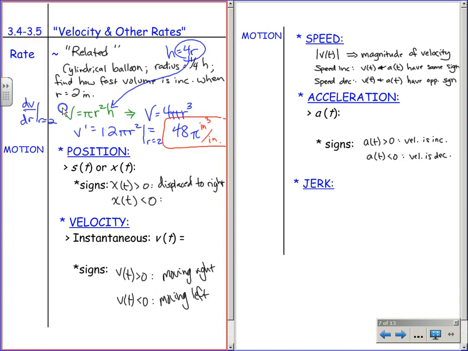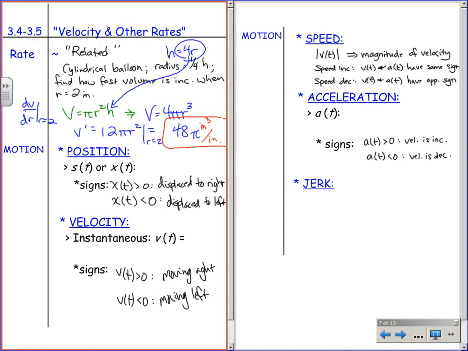What am I talking about if I'm saying displaced to the right and displaced to the left? What am I needing if I'm talking about displacement to the right or to the left? It's a change, but how do I lead you to this?